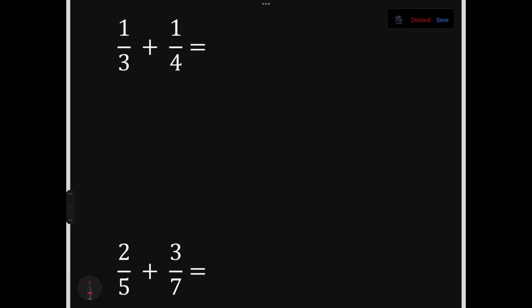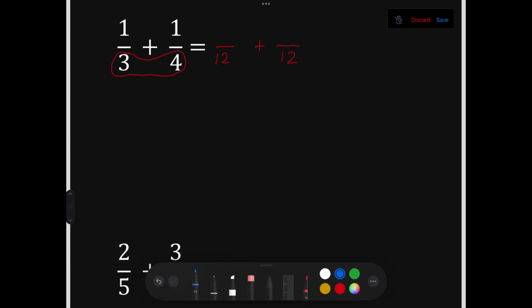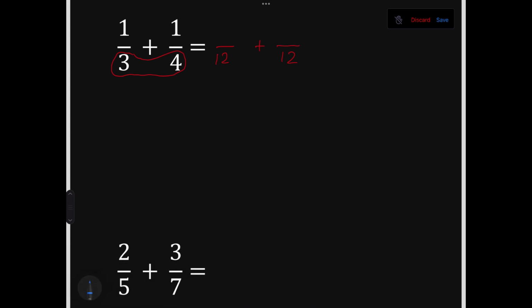Right. So here, remember, our first step is to multiply the denominators. So that's going to be 3 times 4, which gives me 12. And then 3 times 4 gives me 12 as well. So now I'm going to multiply the 1 and the 4, and that I'm going to be writing on the left hand side.